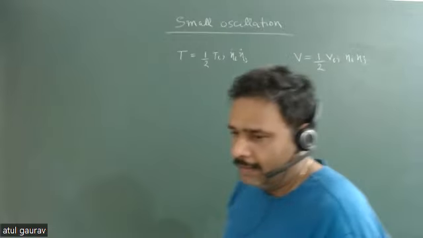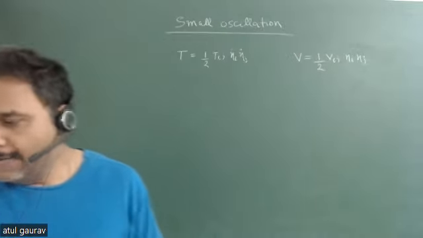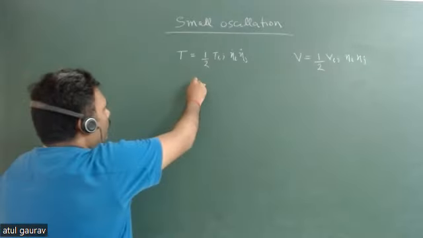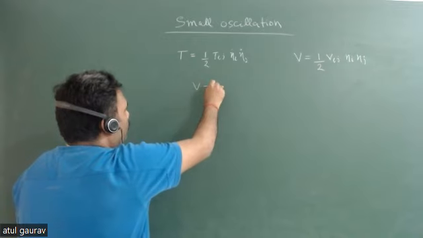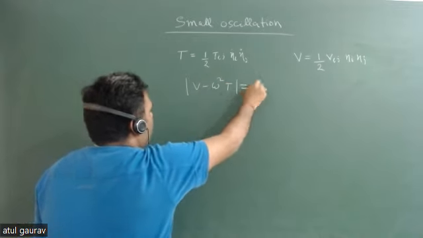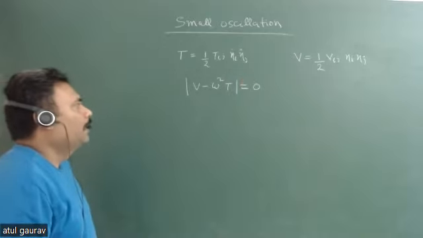And what we have to do? We have to solve the secular equation. And when we solve the secular equation, the determinant of V minus omega squared T must be equal to 0.